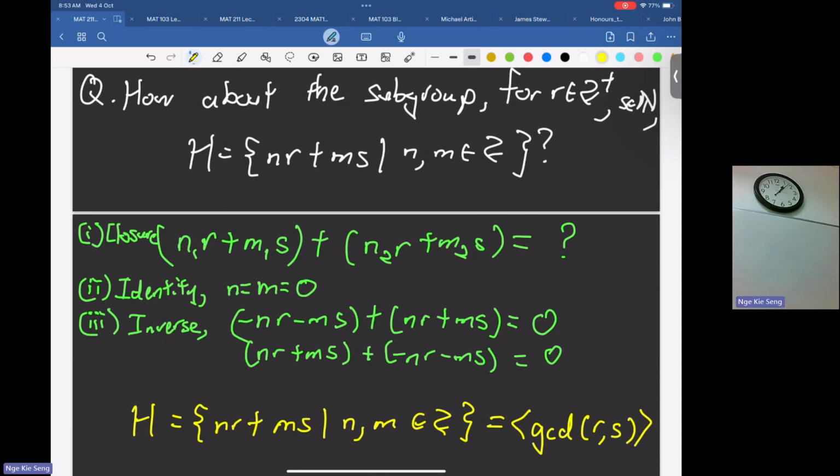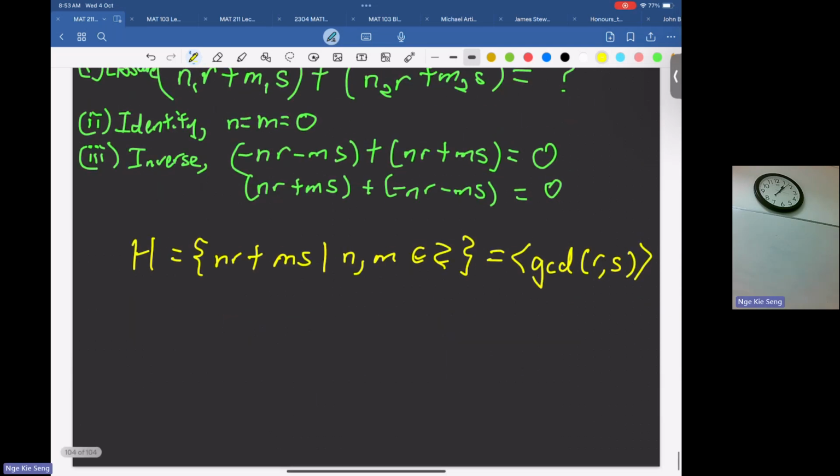How to find the common divisor of r and x? What do you do? So let's recall, okay? Let's say how to find the GCD of 6 and 2. So you divide, right? Maybe 6 and 2 is very fast.